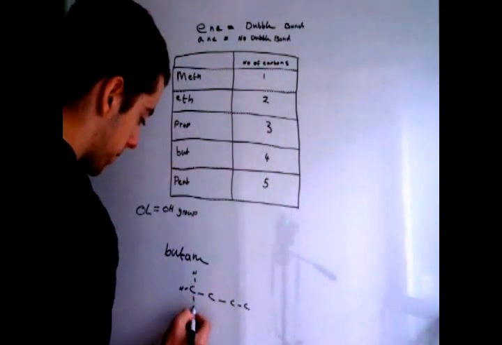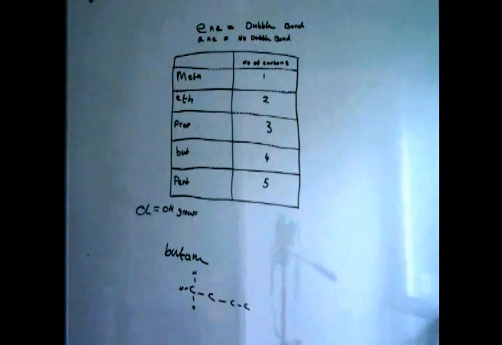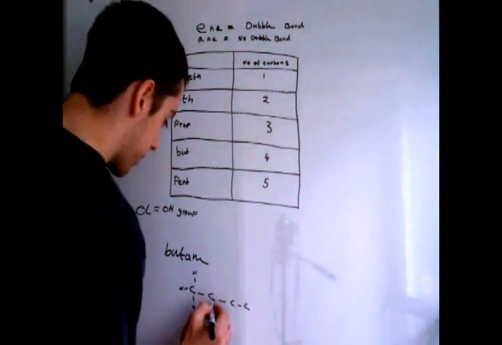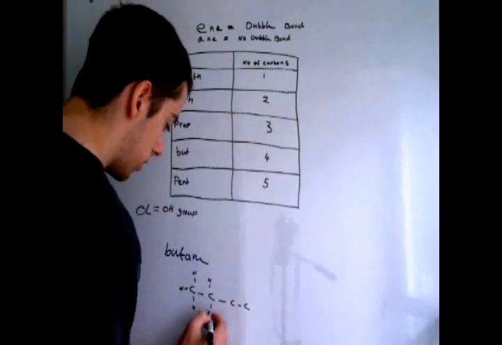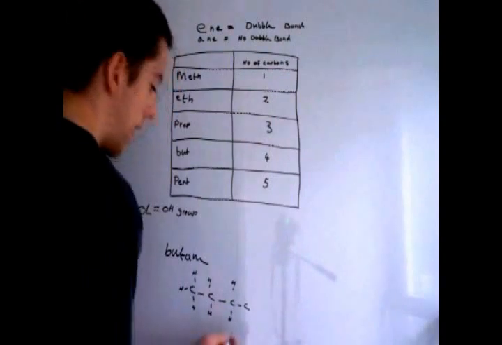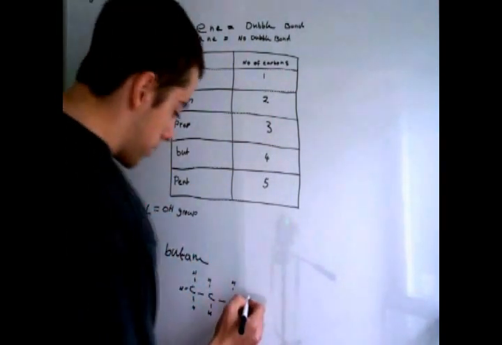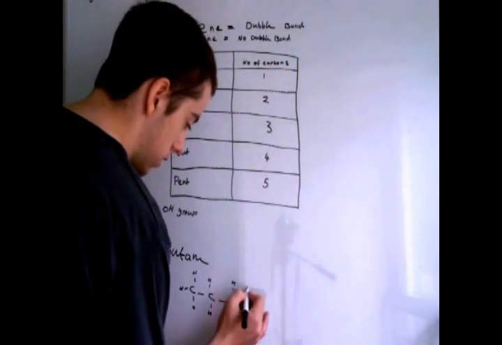The ones in the middle, these 2, they've used up 2 of their bonds, so they can have 2 hydrogen atoms. And the one on the end, it's used up 1 bond, it's got 3 bonds left, so that's 3 hydrogen atoms.